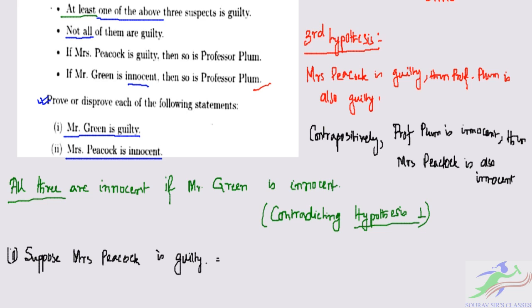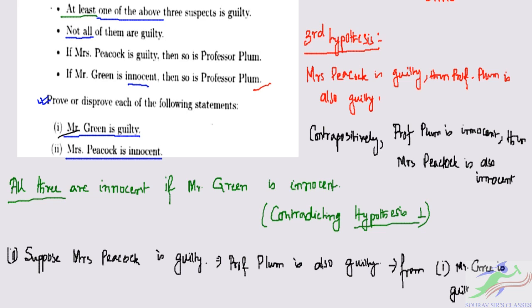So from here you can say that Professor Plum is also guilty, right? So from 1, there's this one, Mr. Green is also guilty, right? So all three are guilty.